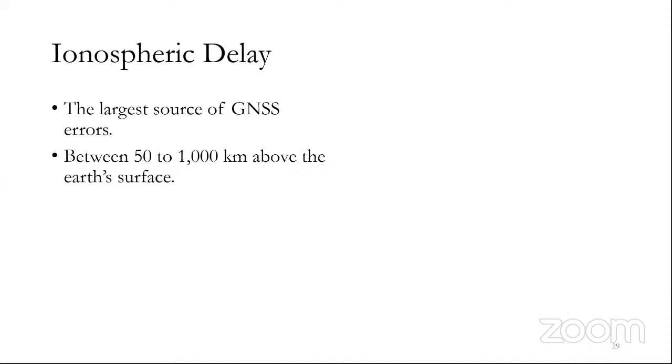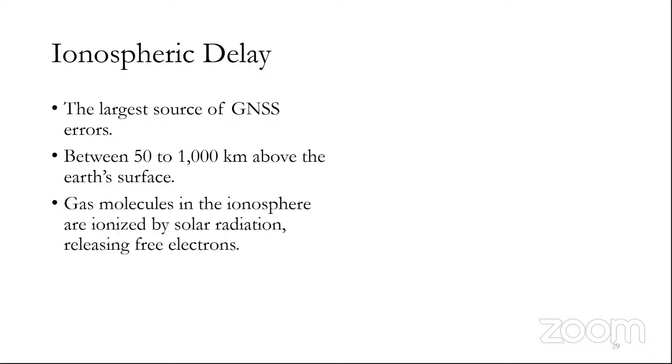And finally, we come to the most significant of these errors, and actually the error that we at the Ionosphere and Space Weather Laboratory consider as one of our main topics of research, the ionospheric delay. And so the ionosphere is a region of the Earth's atmosphere between 50 to 1,000 kilometers above the Earth's surface. And in the ionosphere, the gas molecules are ionized by solar radiation.